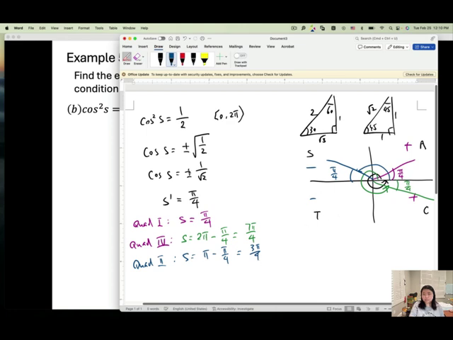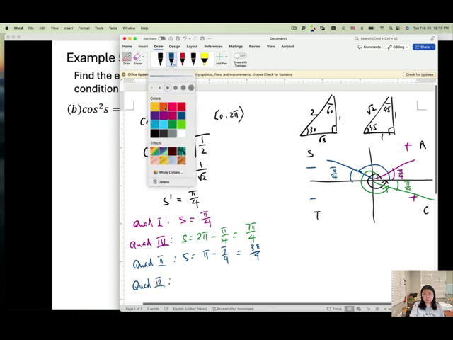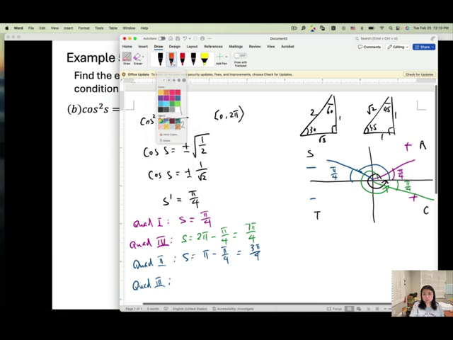And then when S is negative, in quadrant 3, I'm going to use a different color here. The reference angle will be here, pi over 4. So we're calculating the angle from here until here, which is pi plus pi over 4. That will be 5 pi over 4.